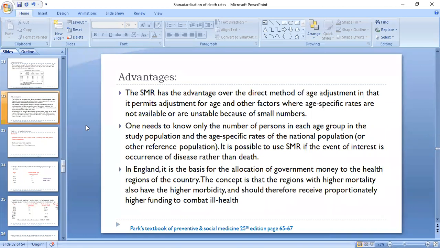It is possible to use SMR if the event of interest is occurrence of disease rather than death. In England, it is the basis for the allocation of government money to the health regions of the country. The concept is that regions with higher mortality also have higher morbidity and should therefore receive proportionally higher funding to combat ill health.